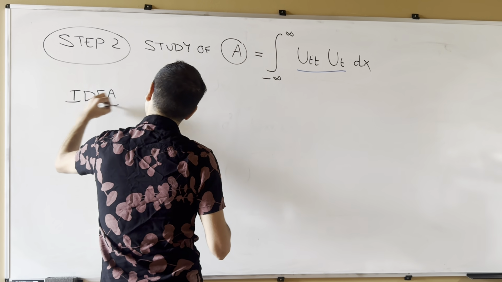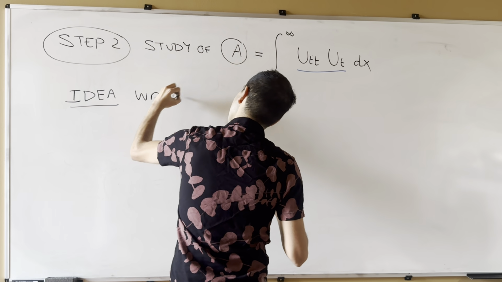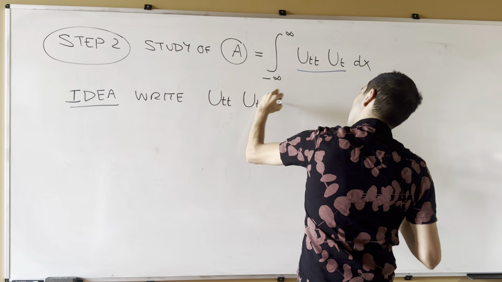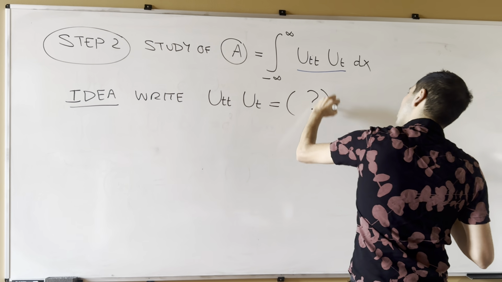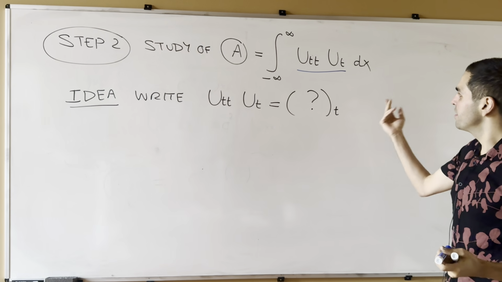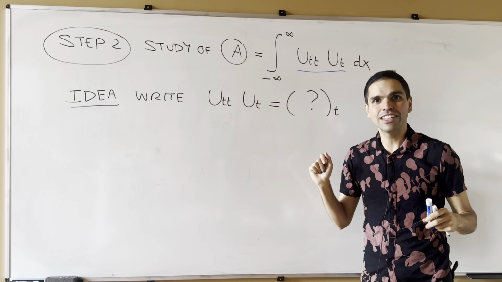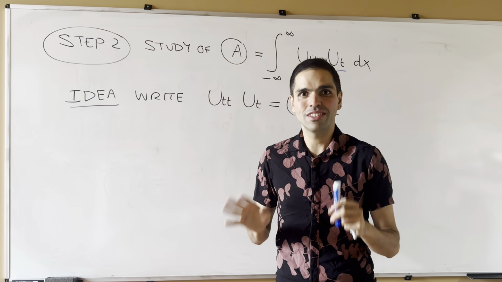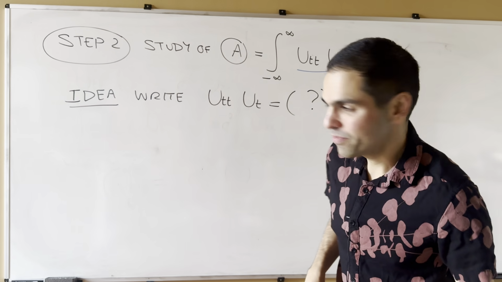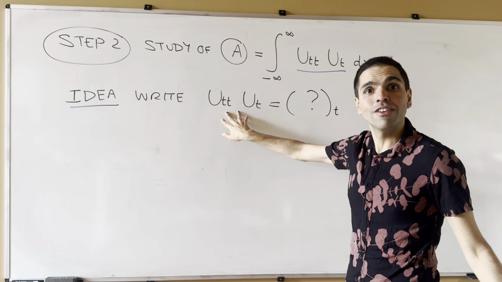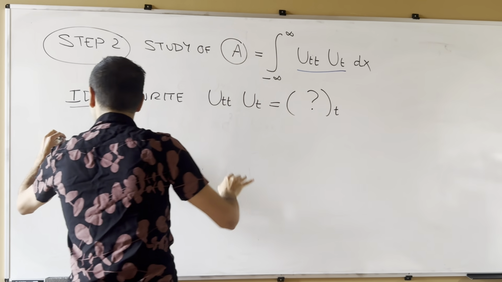So the idea is to write u_tt times u_t as something with respect to t, because then we'll be able to take the t derivative out, and you will see soon why this is so useful. For this, I would like to remind you of a little calculus fact.